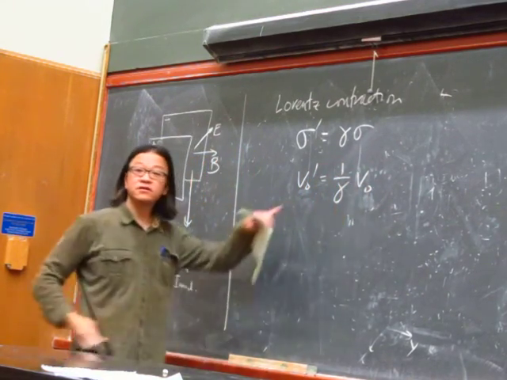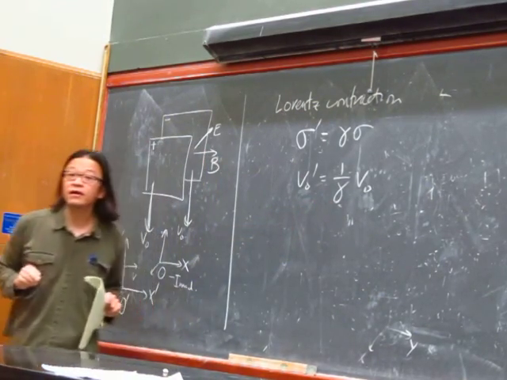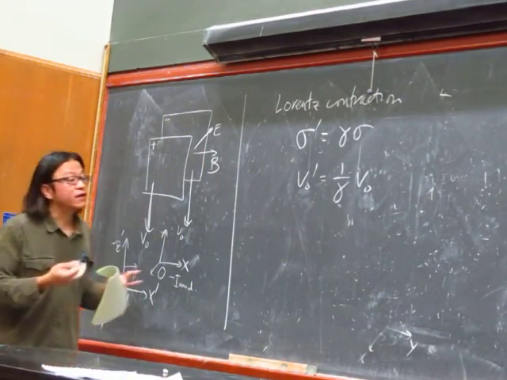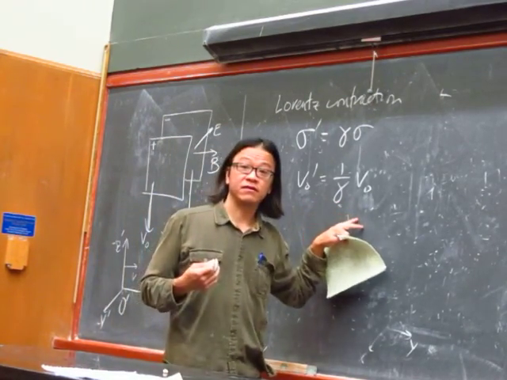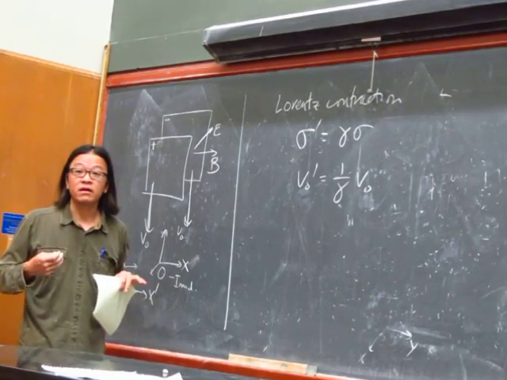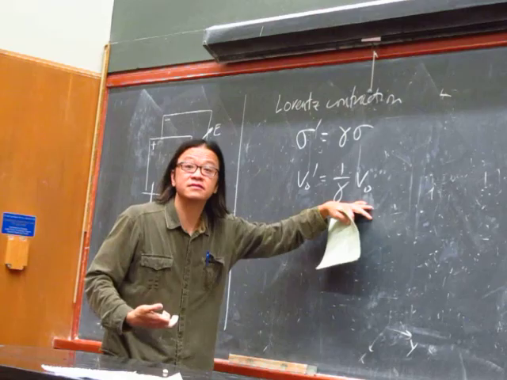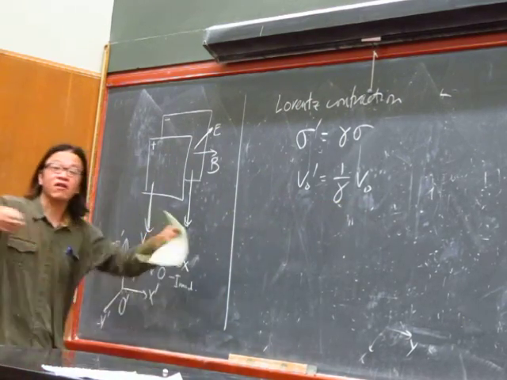You can either remember this from the velocity addition formula, where there's a 1 over gamma in there. But you can also think of it as time dilation, because according to Charlie, the clock is slower. And as a result, the velocity that is measured is actually less, because the clock is slower.